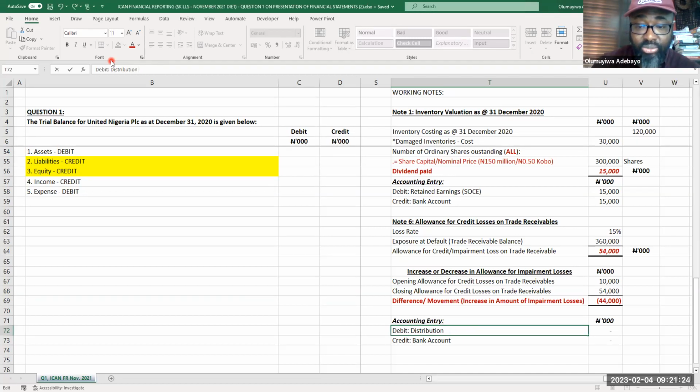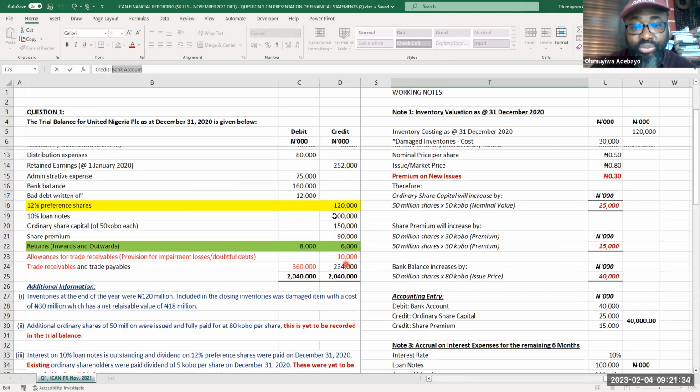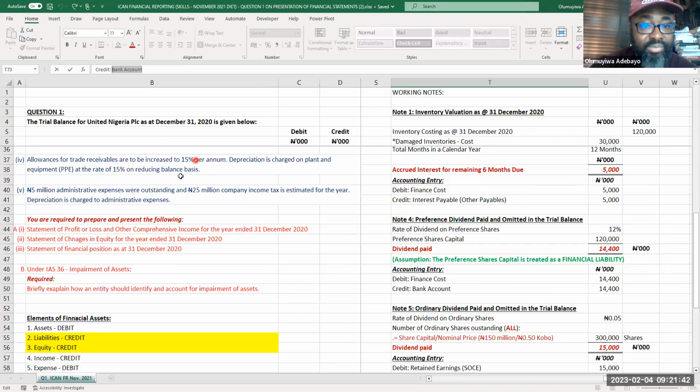For this case, we are going to take it to distribution costs, and you charge it as an increase to your allowance. Remember, our allowance was 10 before. It will now move from 10 to 54 by adding 44 to it. Therefore, what's the name we gave it here?